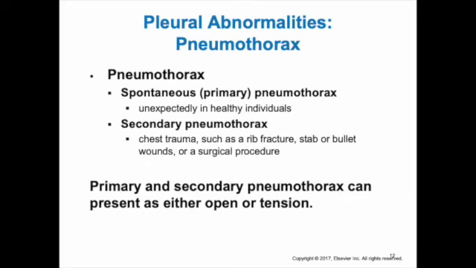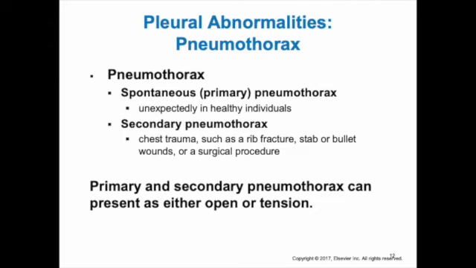A pneumothorax is a pleural abnormality of the lung, and primary or spontaneous pneumothorax occurs in healthy adults, and it occurs unexpectedly. Usually we see it more in men than in women, and between the ages of 20 and 40 years old.